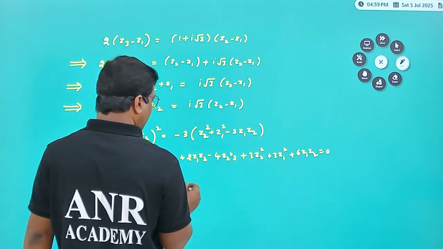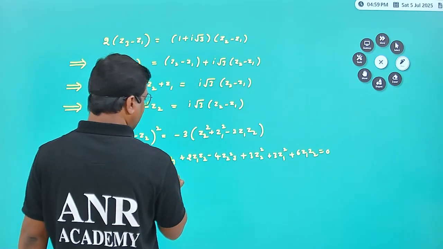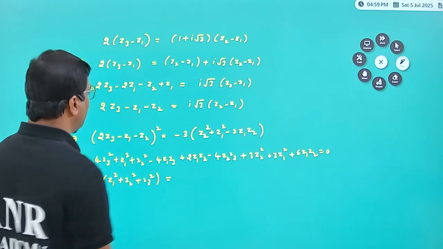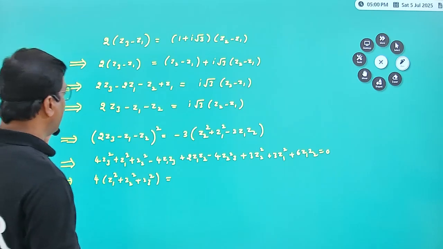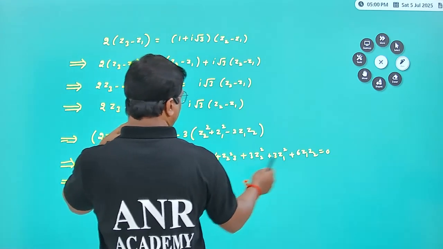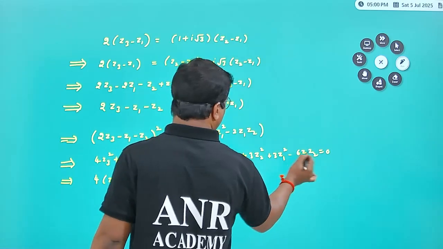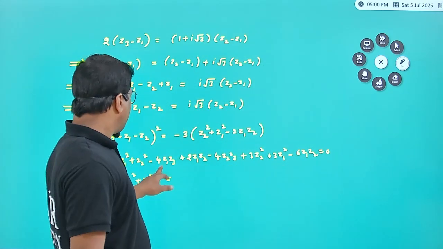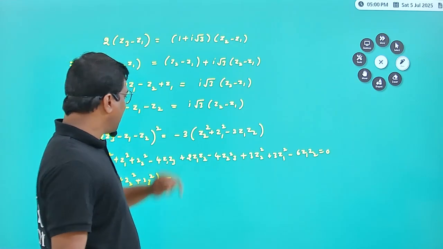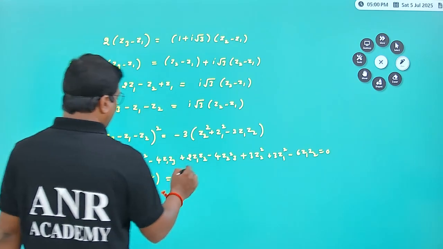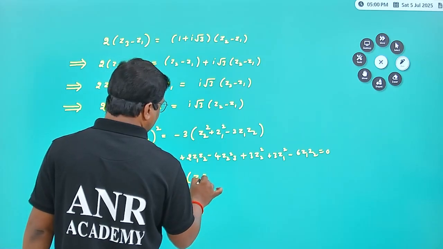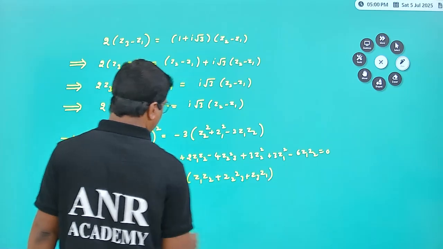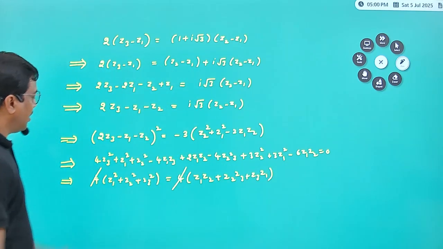Remaining terms I am going to write in the right part, and here Z1 Z3 4 times and Z1 Z2, there you have to write negative sign. Why? Because this is product positive, taking into left side you get negative sign. So minus 4 Z1 Z2 from these two, next minus 4 Z2 Z3 minus 4 Z1 Z3 you have. So taking into right part 4 times of Z1 Z2 plus Z2 Z3 plus Z3 Z1, we get 4 gets cancelled, hence you got the result.